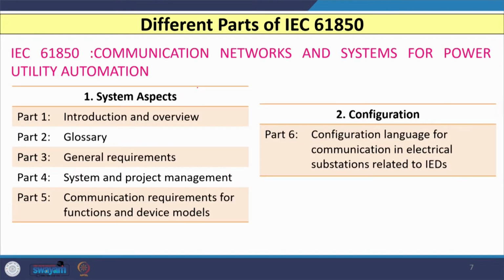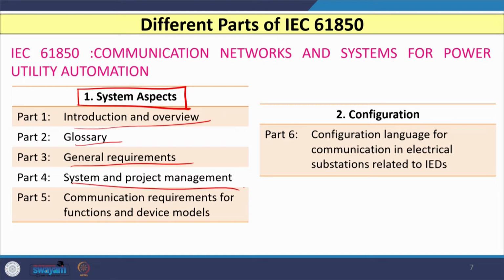If I consider the first part, the system aspects, it contains 5 parts, from part 1 to part 5. In these parts, the introduction and glossary terms are defined in part 2, the general requirements are given in part 3, system and project management related issues are discussed in part 4, and communication requirements for functions and different device models are discussed in part 5.